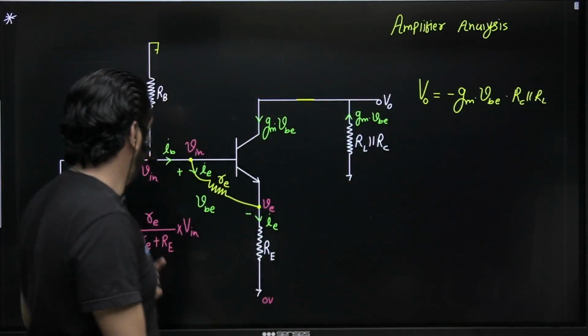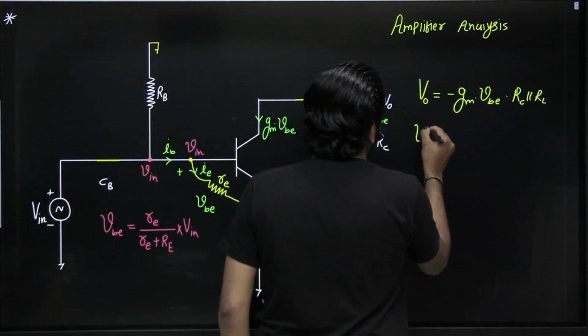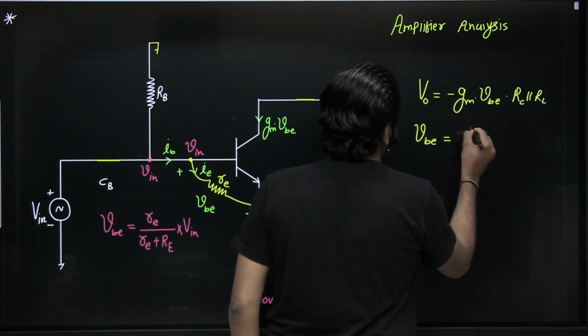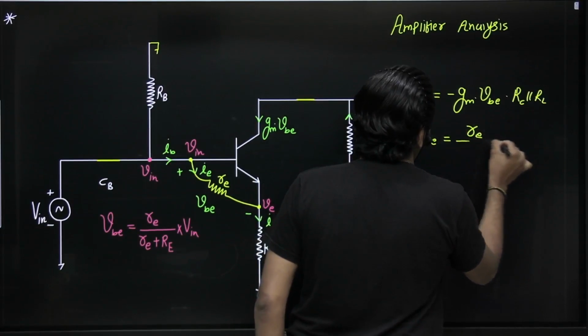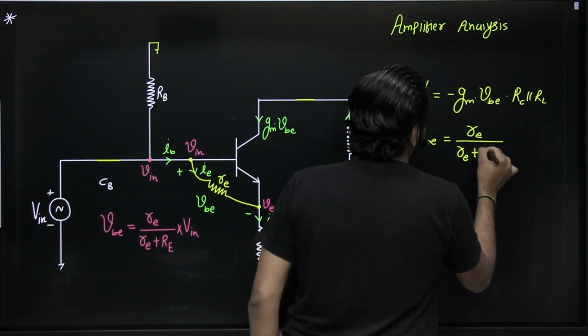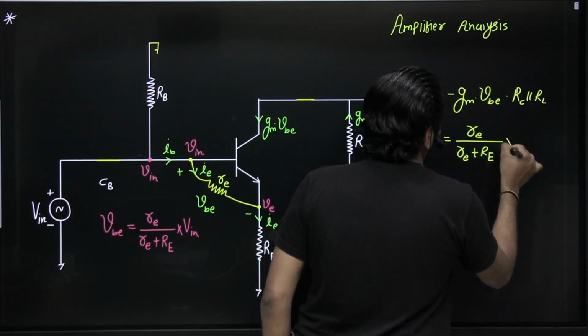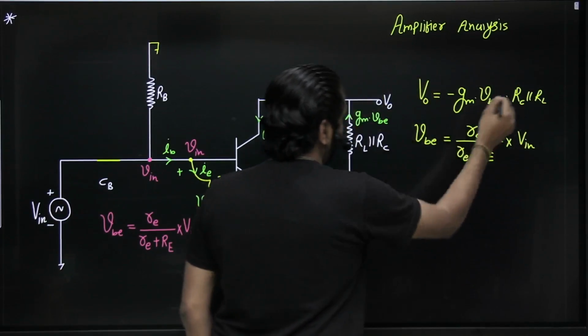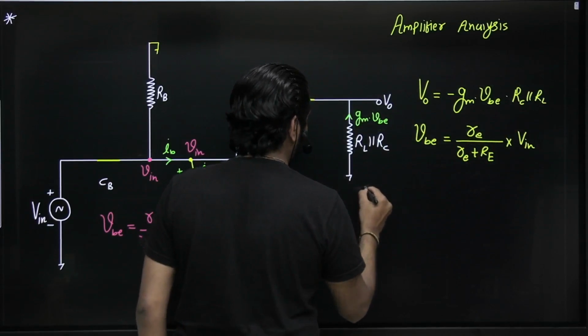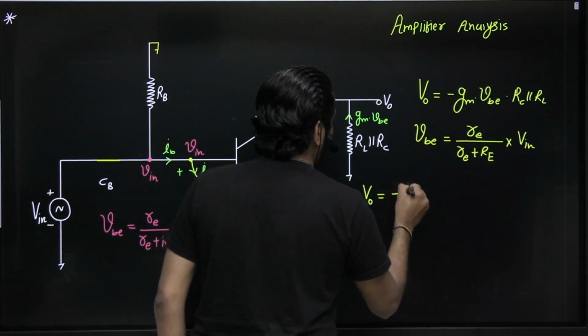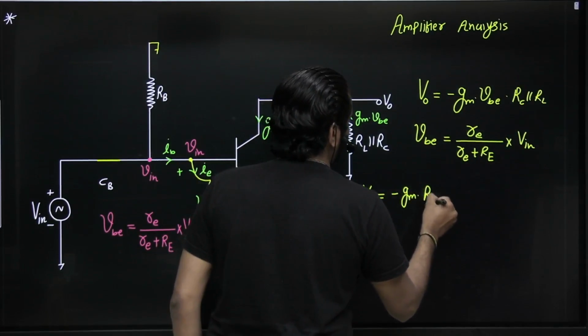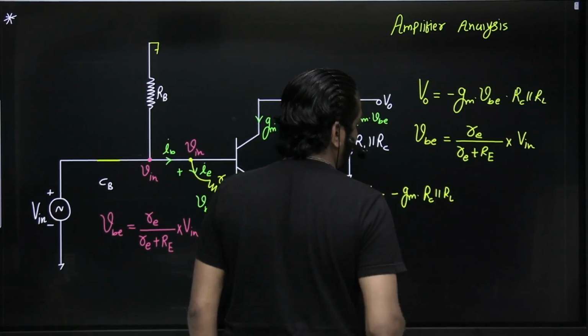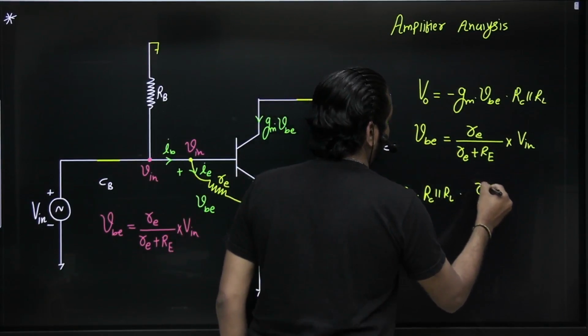Now what about VBE? We got VBE equal to re upon re plus RE into Vin, so you can replace VBE with this value. So output voltage Vo equals minus gm into RC parallel RL, into an extra term.